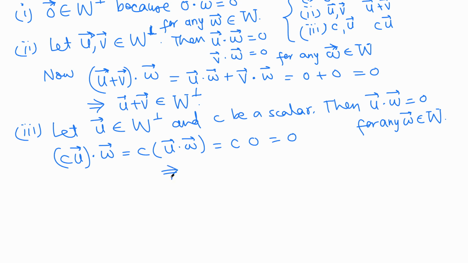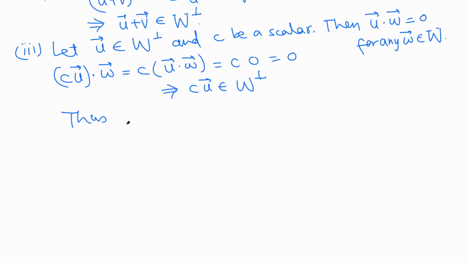So this implies cu is also in W perp because cu times any vector in W is 0. So we showed all three conditions. Thus W perp is a subspace of Rn.